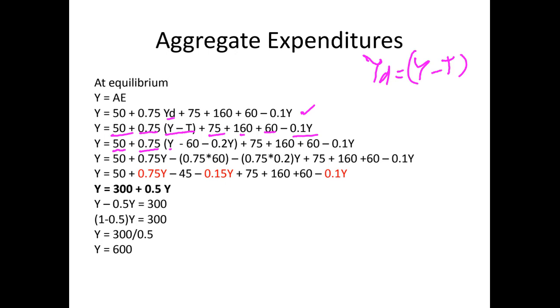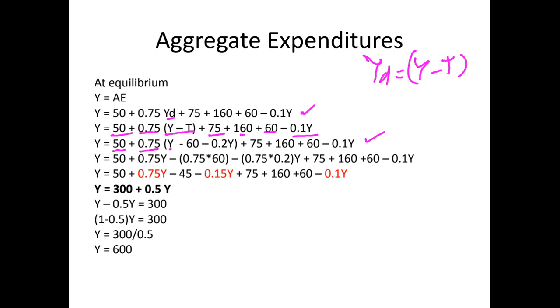But since there's a negative sign before T, I have to write all negative numbers. So Y minus 60 minus 0.2Y. Don't write like this, Y minus 60 plus 0.2Y. That is incorrect. Y minus 60 and minus 0.2Y. Plus 75 plus 160 plus 60 plus 0.1, all the numbers.